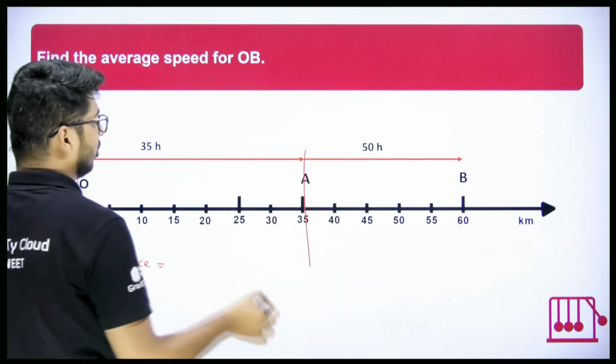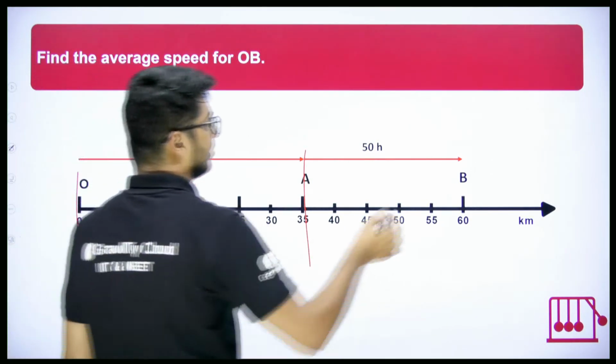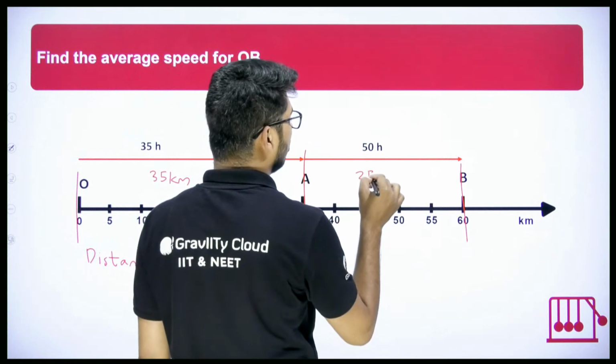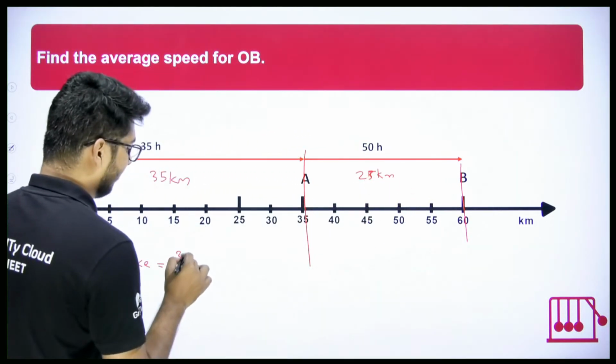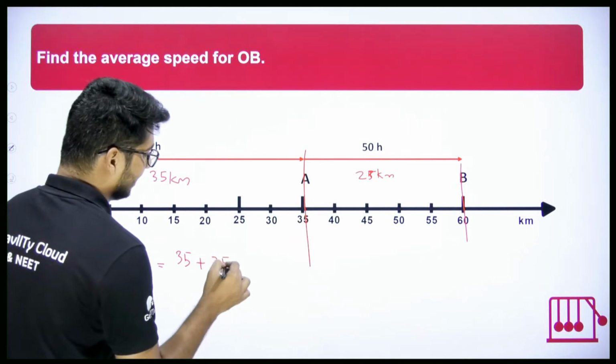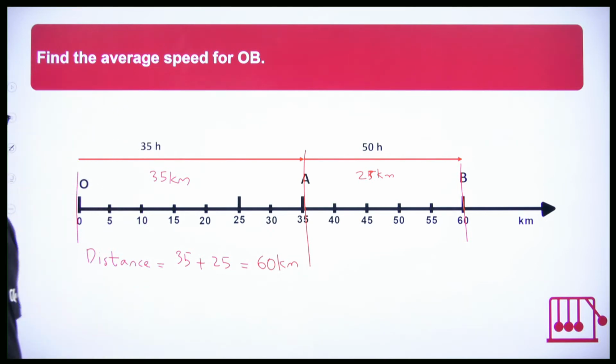From O to A, we already got it. From O to A, it is 35 kilometers. From A to B, it is 25 kilometers. The total distance will be how much? 35 plus 25, that is equal to 60 kilometers. This is the total distance traveled.